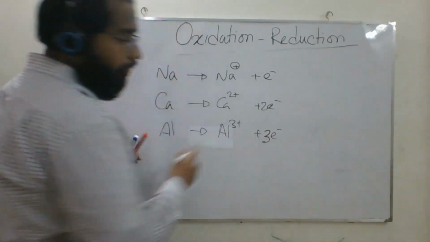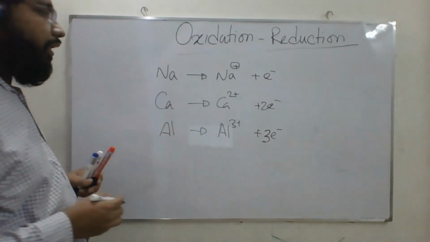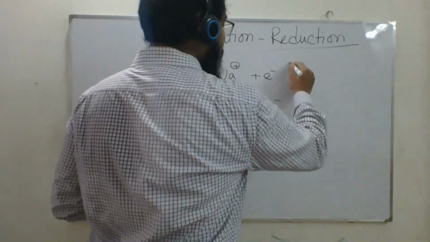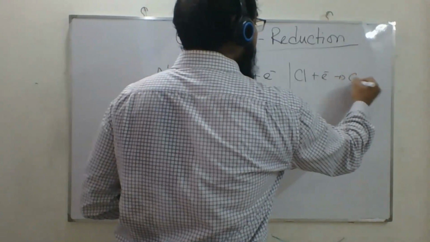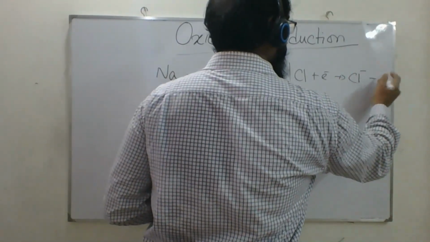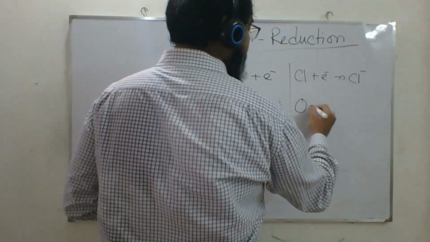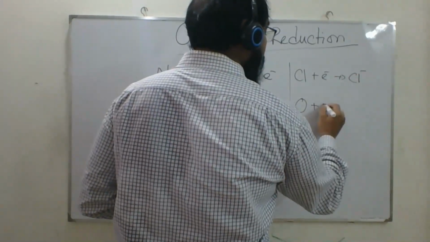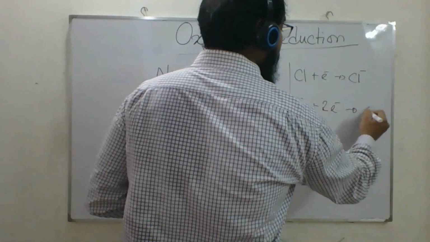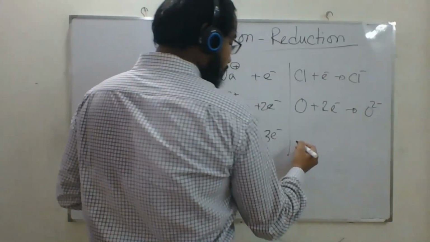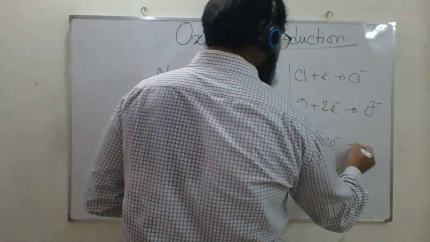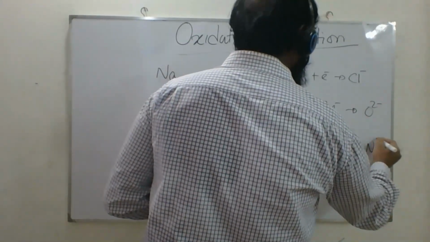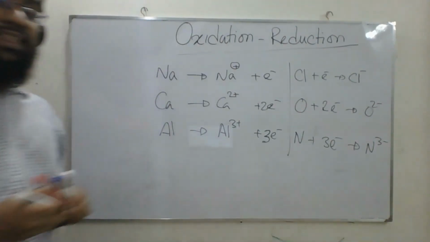On the other hand, if chlorine accepts an electron, it is converted to a negative oxidation number. If oxygen accepts 2 electrons, then it is converted to 2 minus. If nitrogen accepts 3 electrons, then it is converted to N 3 minus. This is the oxidation number.